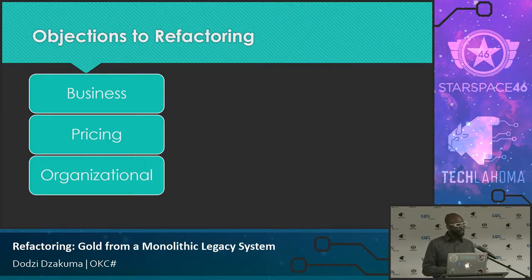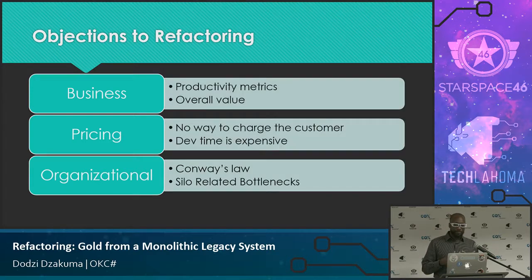They break down into business, pricing, and organizational. With the business side, it's productivity metrics. If we start refactoring, then we're not building new features. And new features are what bring in the money.